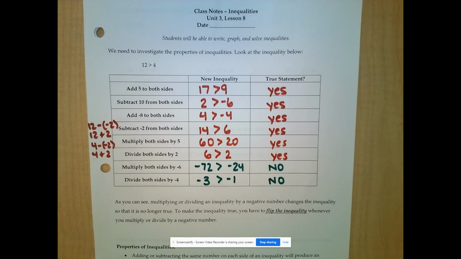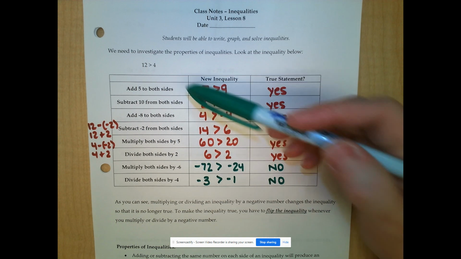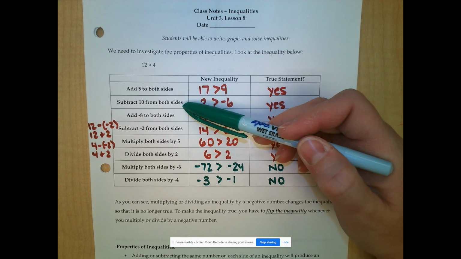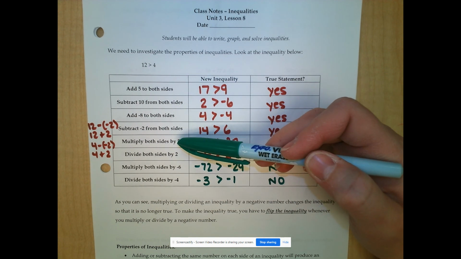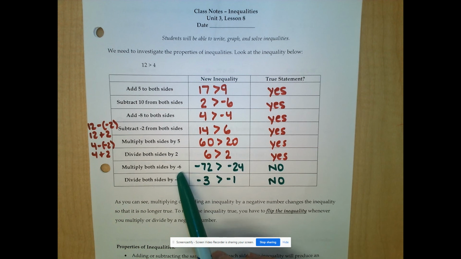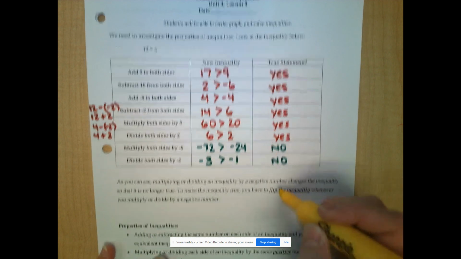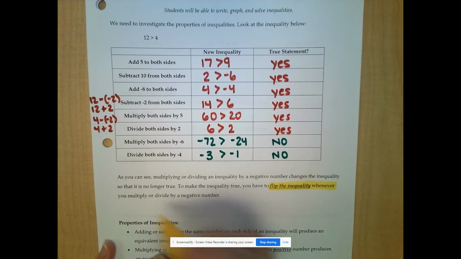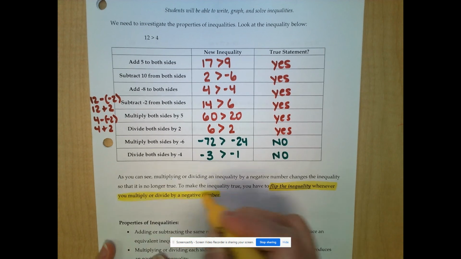So what we've learned is that we can add things to both sides, we can subtract things from both sides, and we can multiply both sides by 5 or divide both sides by 2. Those all stay a true statement. But when we multiply by a negative or divide by a negative, the inequality is no longer true. What that means is that we have to flip the inequality whenever you multiply or divide by a negative number.